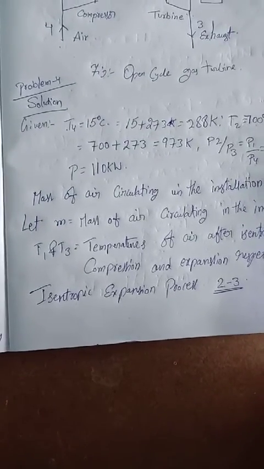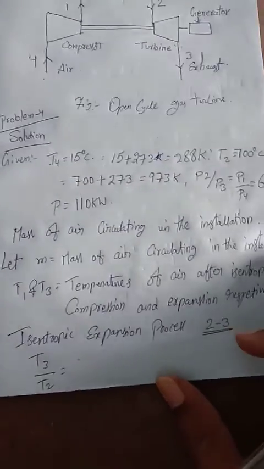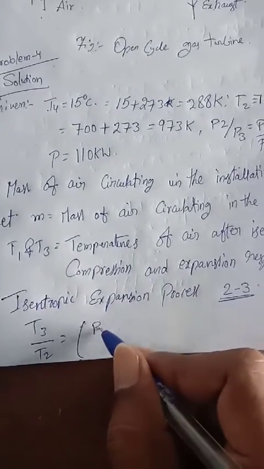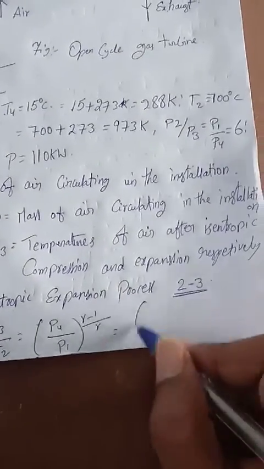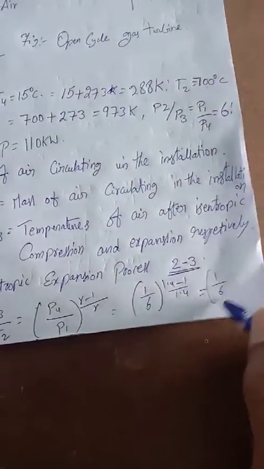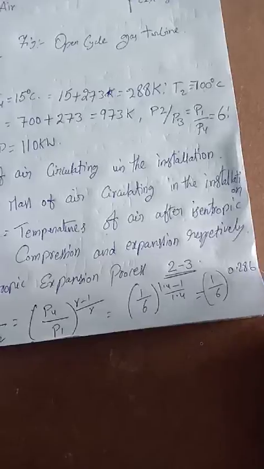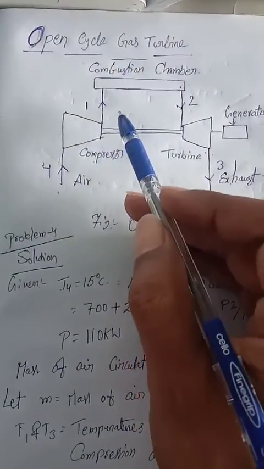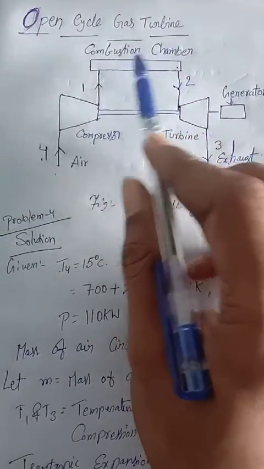For 2 to 3, T3 by T2 is equal to P4 by P1 to the power gamma minus 1 by gamma, which is 1 by 6 to the power 1.4 minus 1 by 1.4, that is equal to 0.286. Now 1 to 2 is the combustion chamber.